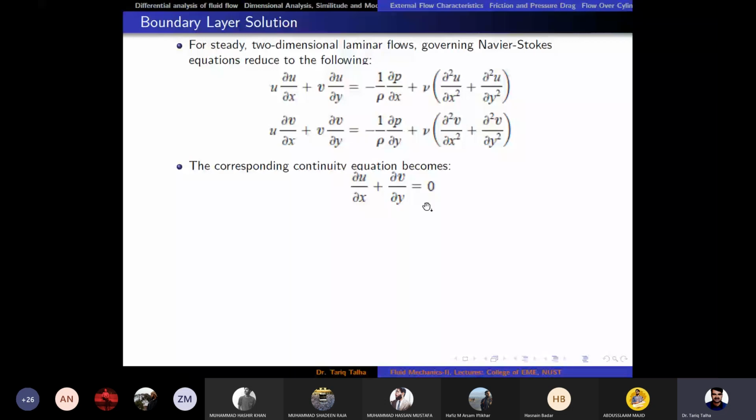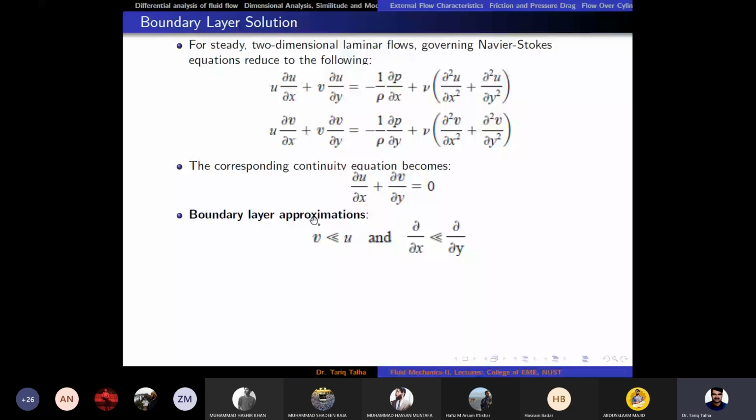Now the boundary layer approximations or assumptions are that the velocity along the flow direction is far greater than the velocity perpendicular to the flow direction.